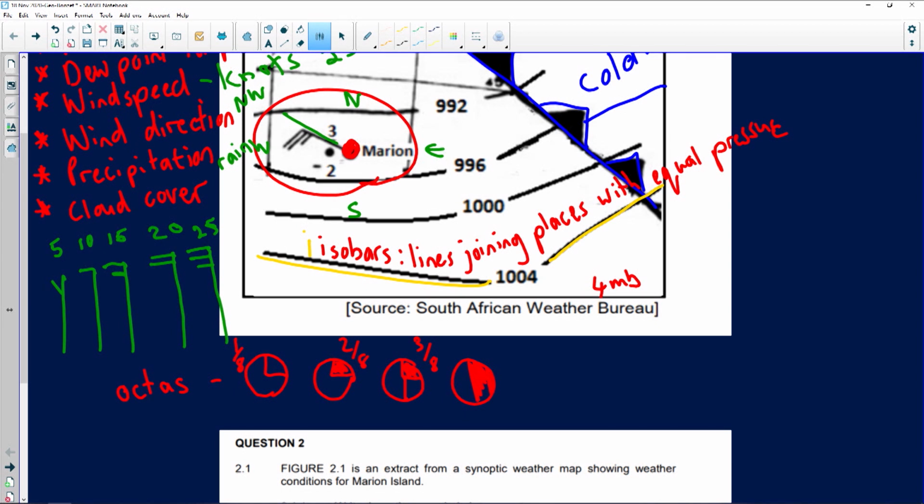As you can see, it's half of the body of the weather station model. Then we have 5 octaves. Then we have 6 octaves.